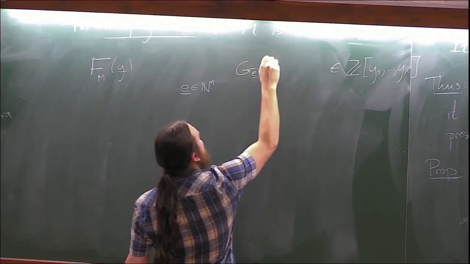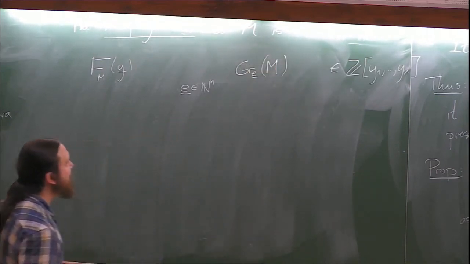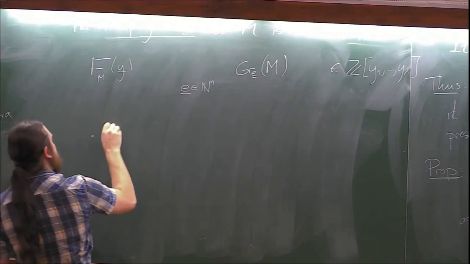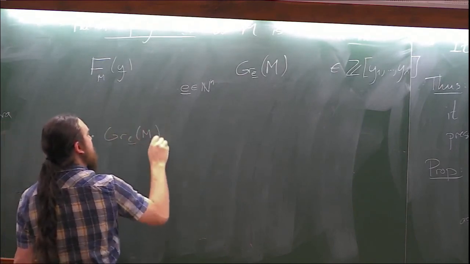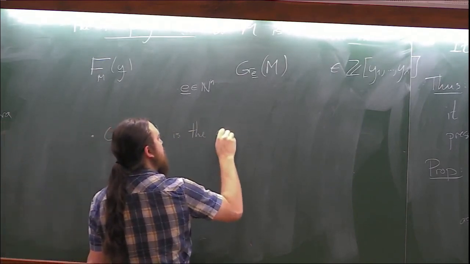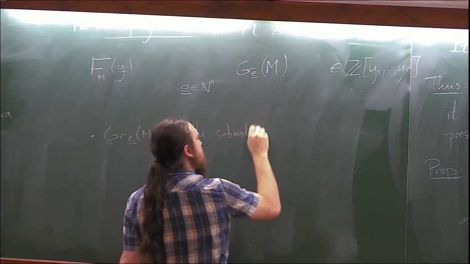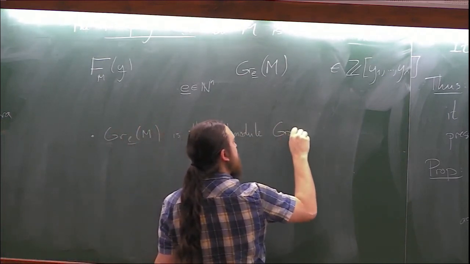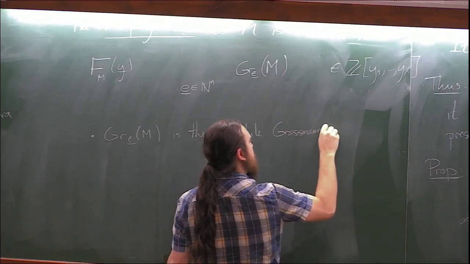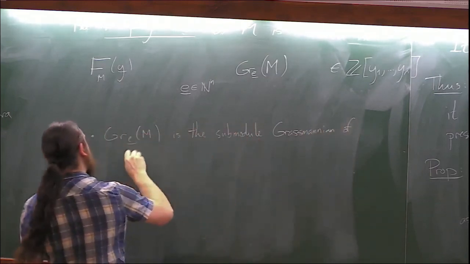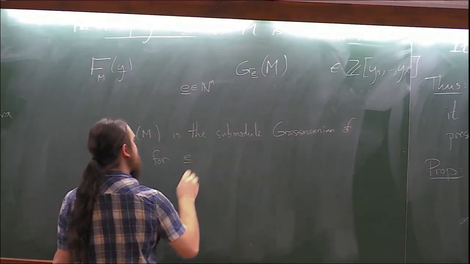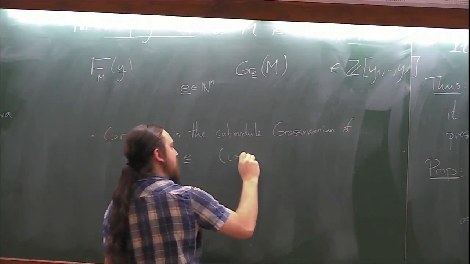So Gr_e(M) is the submodule Grassmannian of M for dimension vector e. It is a complex variety.